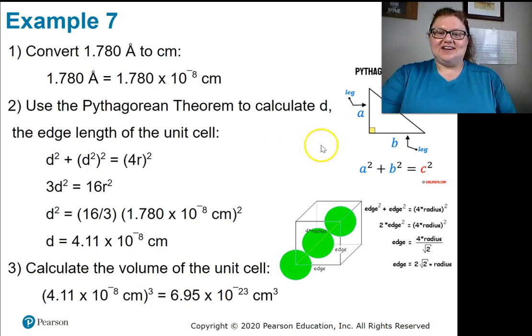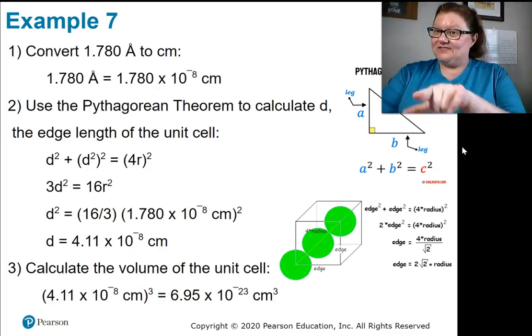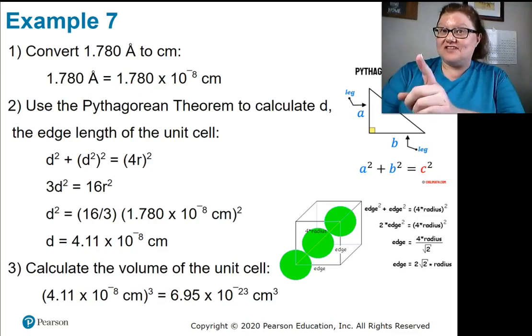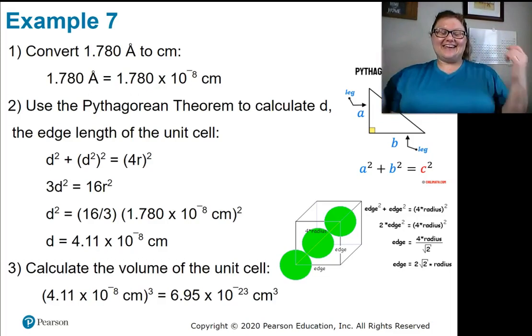And so what I did here for you guys is I put a reminder of the Pythagorean theorem, okay? Now, in math class, when you first learned this, I'm sure you said to yourself, I'm never going to use this in real life. Well, here we are. Chemistry 2, we see the Pythagorean theorem come with a vengeance, and here we're going to be using it.